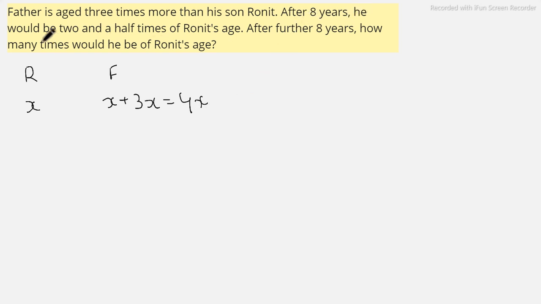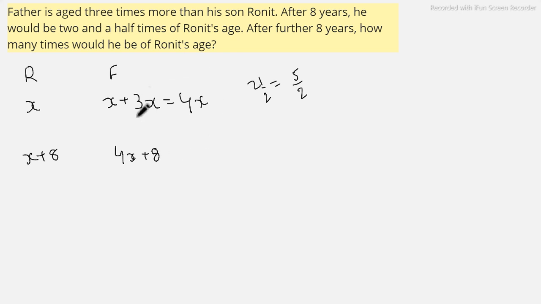After 8 years, he would be 2.5 times Ronit's age. 2.5 times is equal to 5 by 2. So after 8 years, Ronit's age will be x plus 8 and father's age will be 4x plus 8.